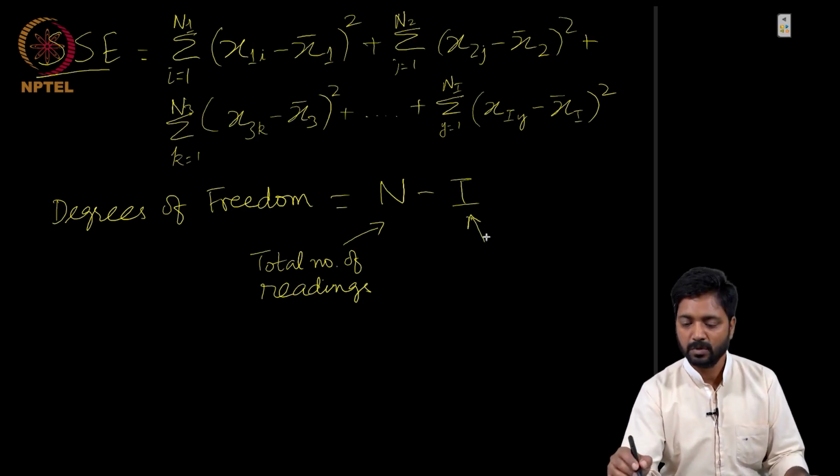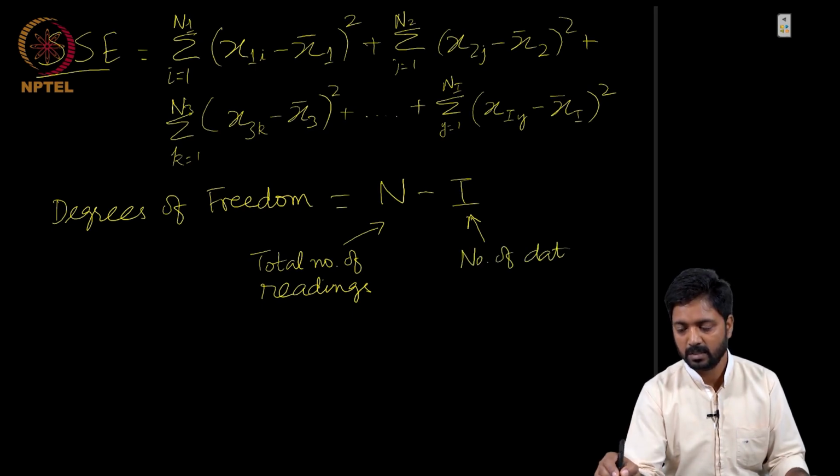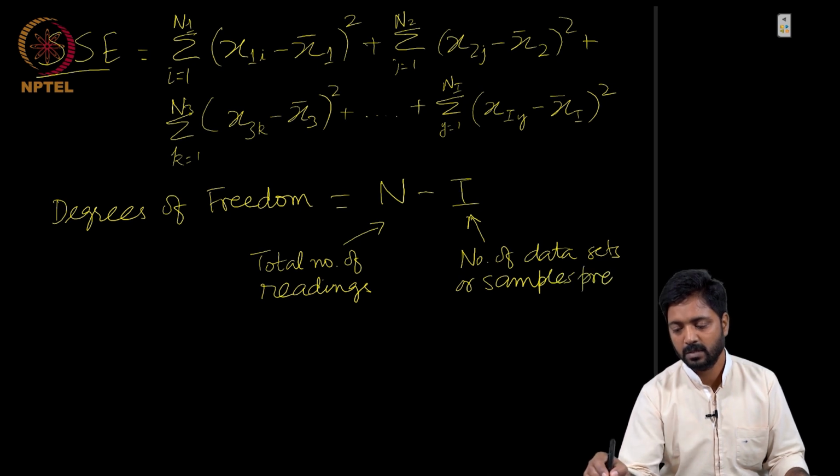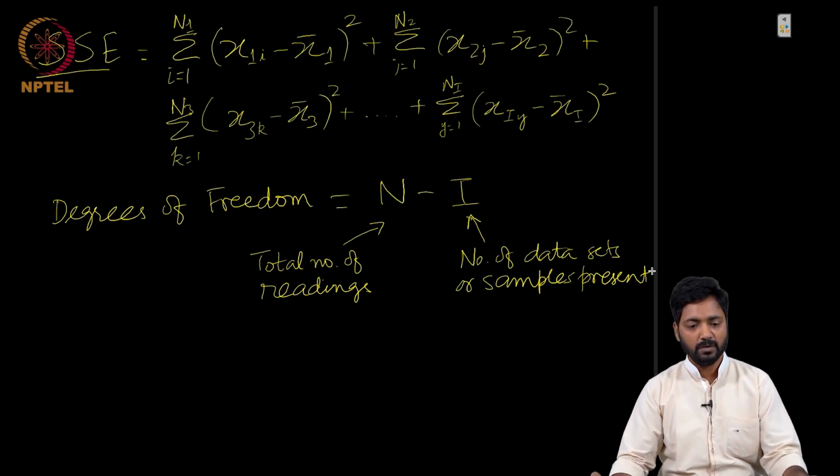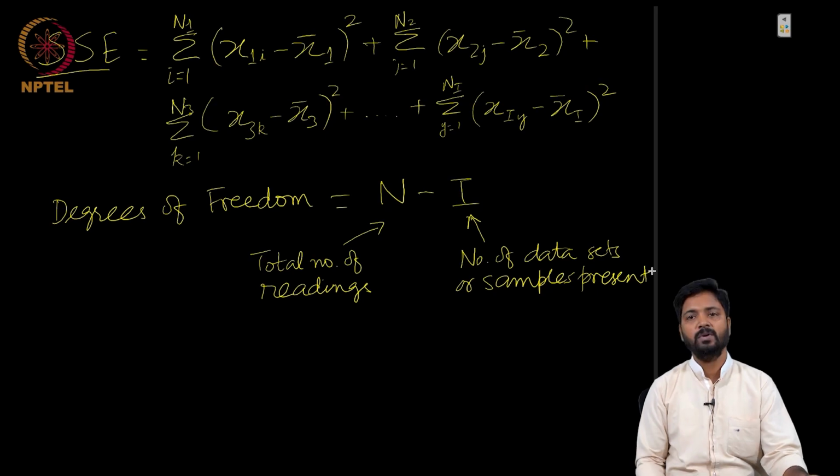N is the total number of readings and I is the number of data sets or samples present or being compared.